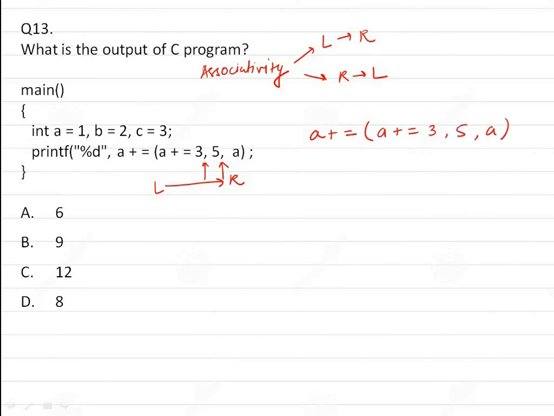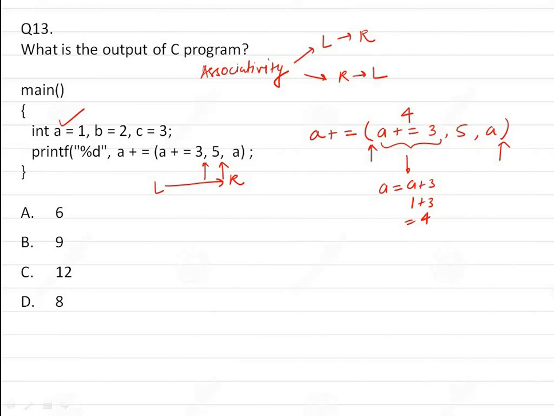First we will evaluate this bracket portion. Within this bracket the initial value of a is 1. First we will execute this statement: a is equal to a plus 3, so 1 plus 3 equal to 4. So the value of this expression becomes 4. Then we will move towards the right side.